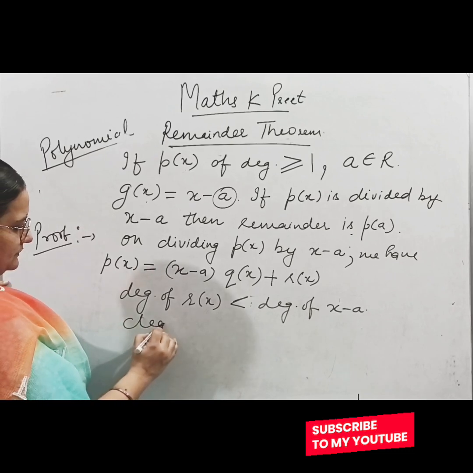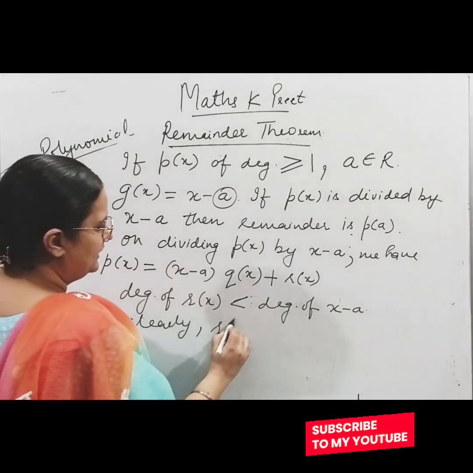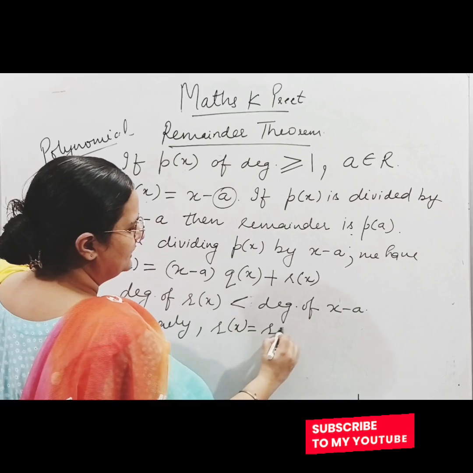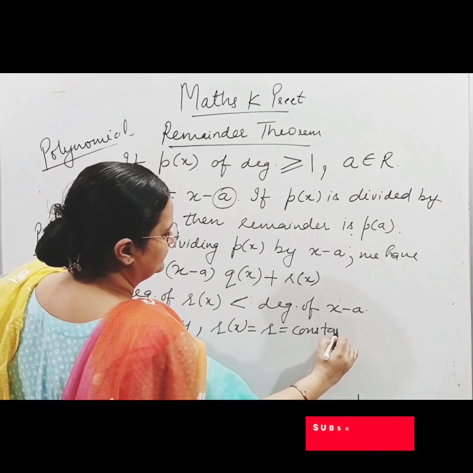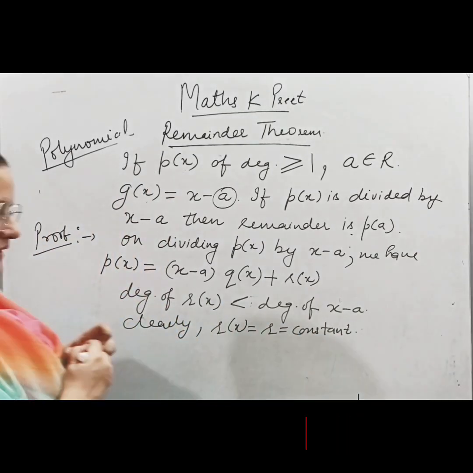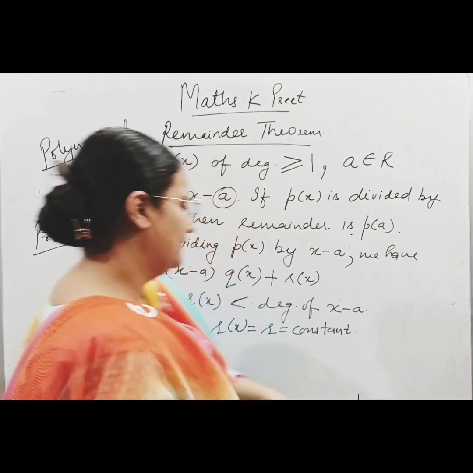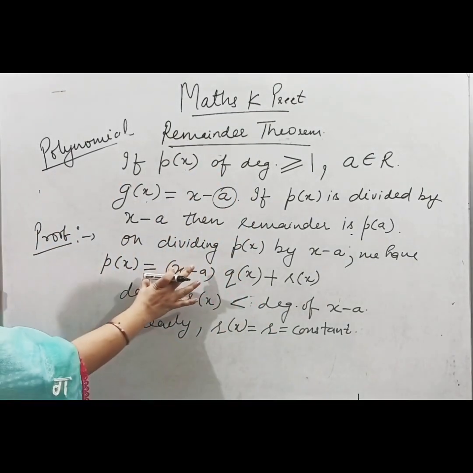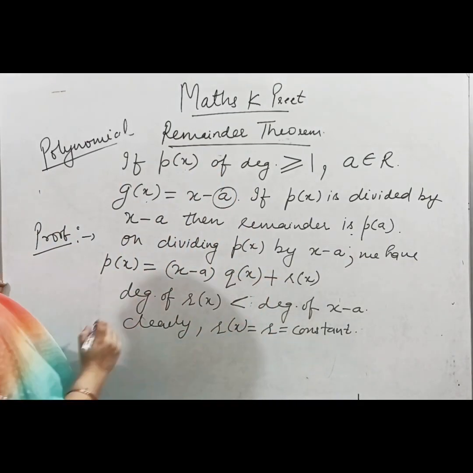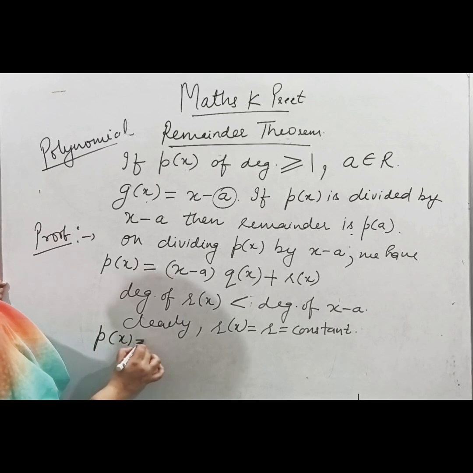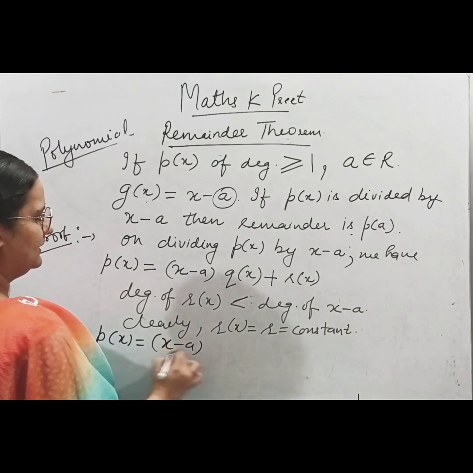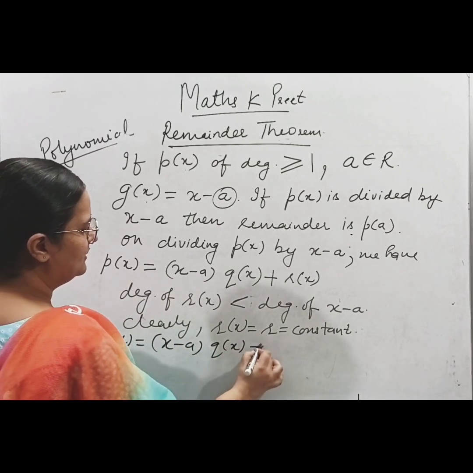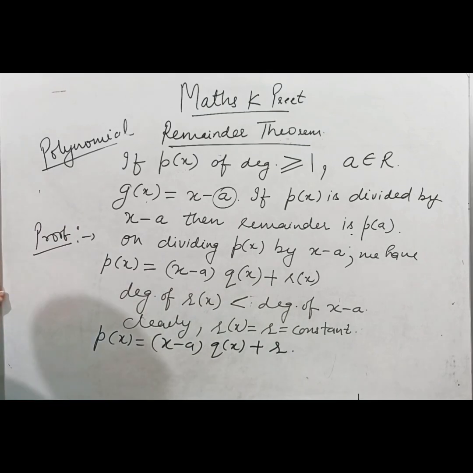So clearly r(x) will be equal to r, that is, a constant. So we can put the value here. We will put the value of r(x), r, in this equation. So p(x) is equal to (x minus a) q(x), as it is, plus r.